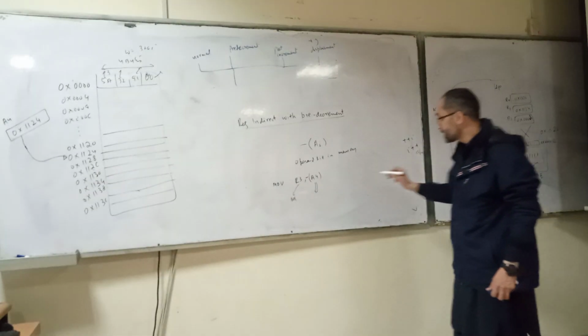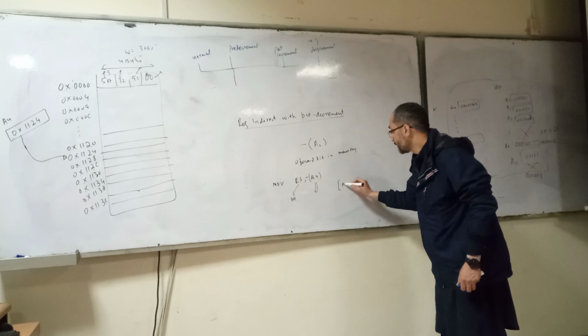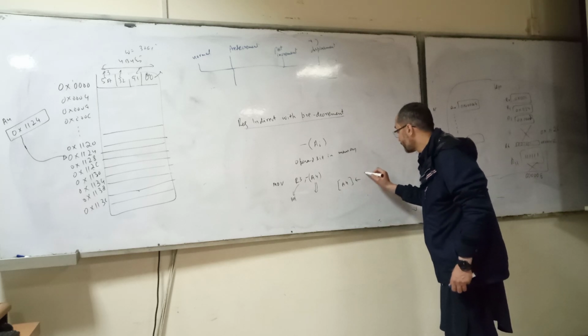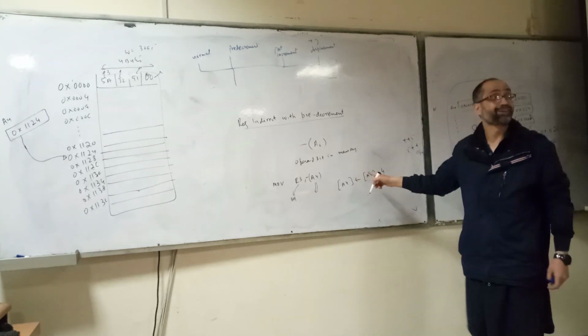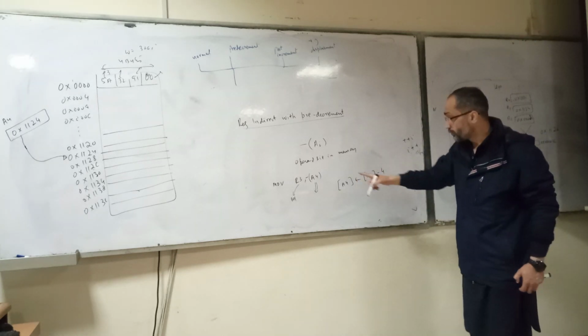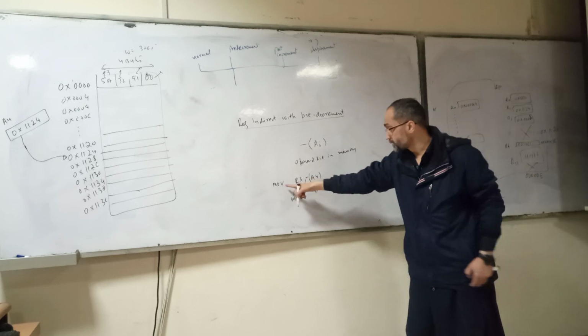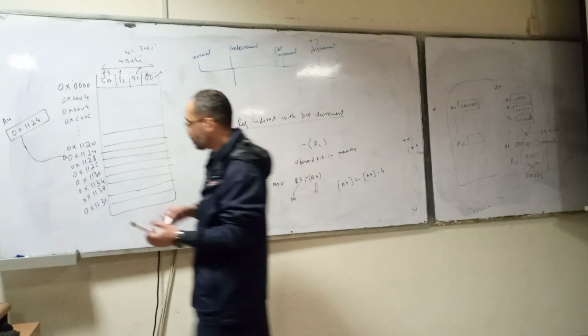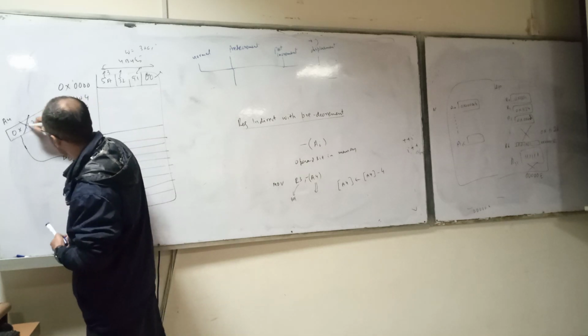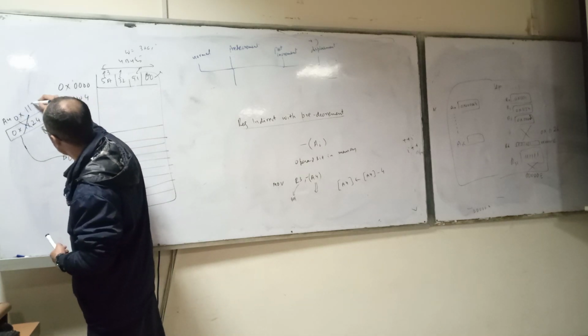First, in this case, the content of A4 will be decremented. First A4 will be decremented, A4 minus 4. So when you execute this instruction, what will be the new contents of A4? 0x1120.